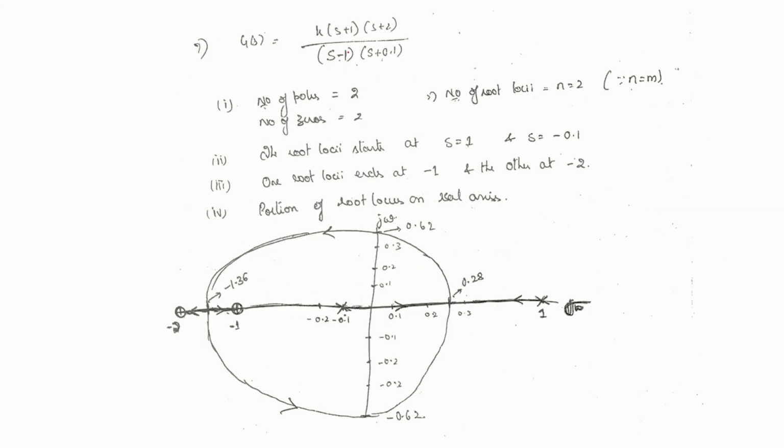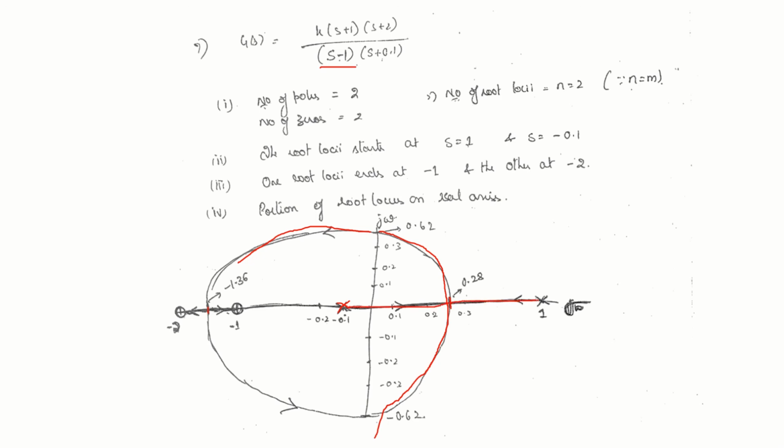The same way, in this case, no asymptotes are there. There is one breakaway point. There is a break-in point. Right. You can see for these values of K system will be stable and for these values of K system will be unstable. Because there is a pole at +1, and there is a pole at -1 here, -0.1.